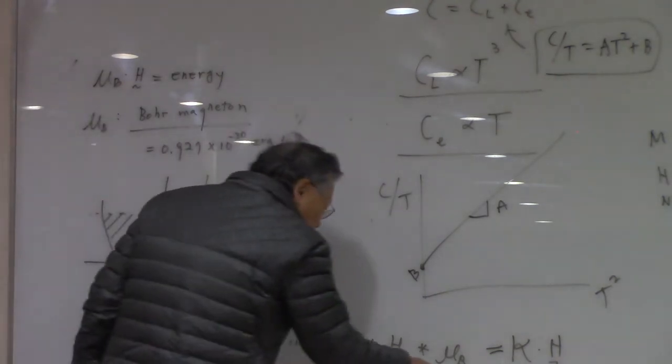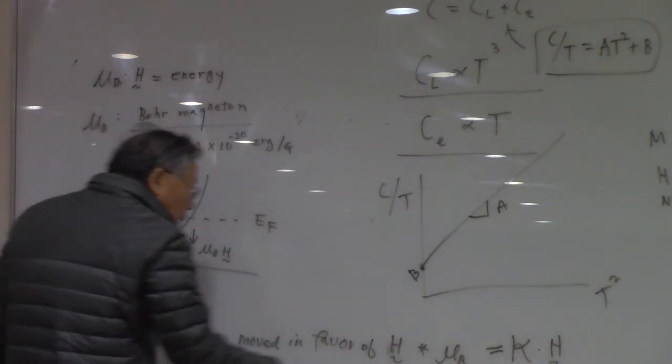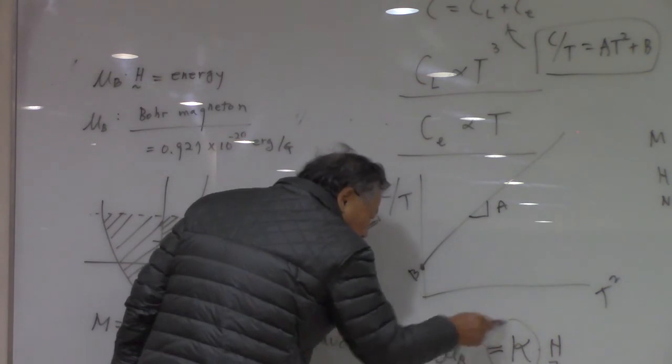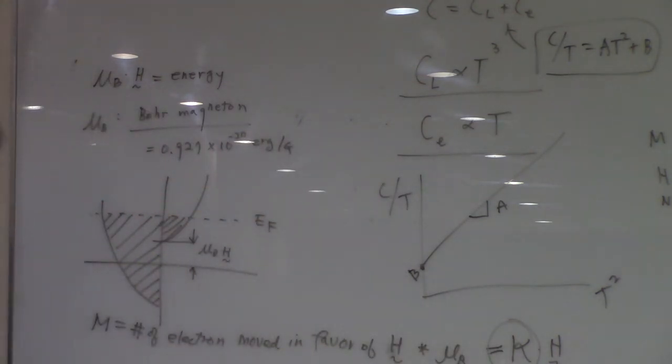So from this part, you can have the chi value, the susceptibility of the metal system, by using these free electron models.